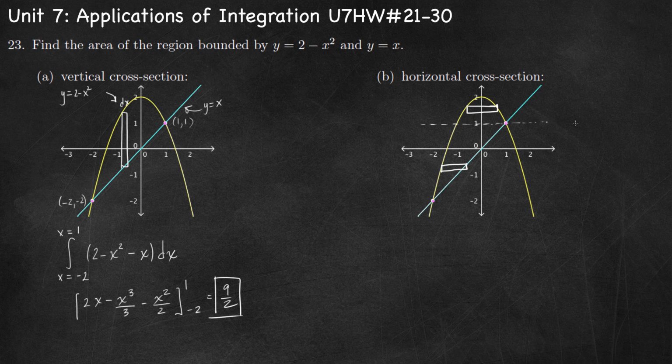In order to do this using horizontal cross sections, we would have to split this up into two integrals. Remember, this point of intersection is at 1, 1. So one of our integrals could go from -2 up to 1, and then the second integral can go from 1 up to the top here, which has a y value of 2.